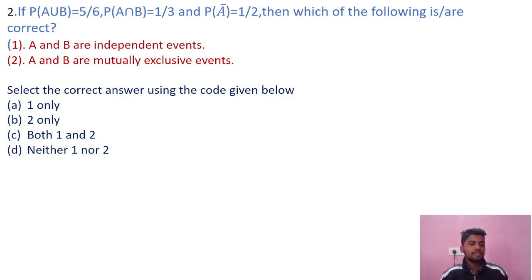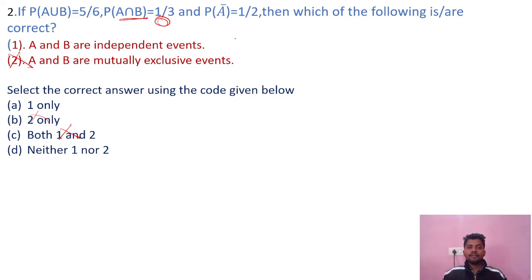As we know, mutually exclusive events don't have any common elements, meaning P(A intersection B) should be 0. So option 2 is automatically incorrect and eliminated. Only option 1 is left.